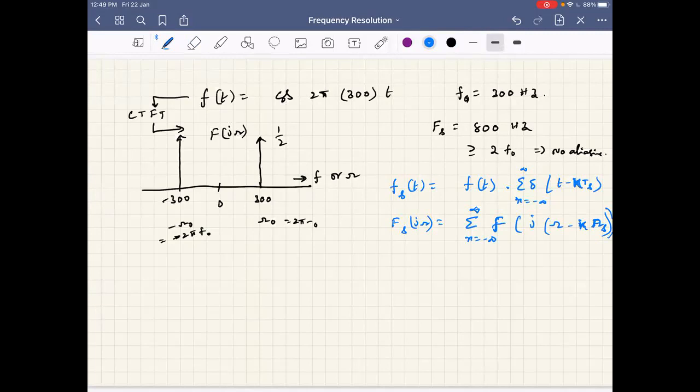after sampling results in, how does it look like? It will keep repeating at omega s because you have sampled it.